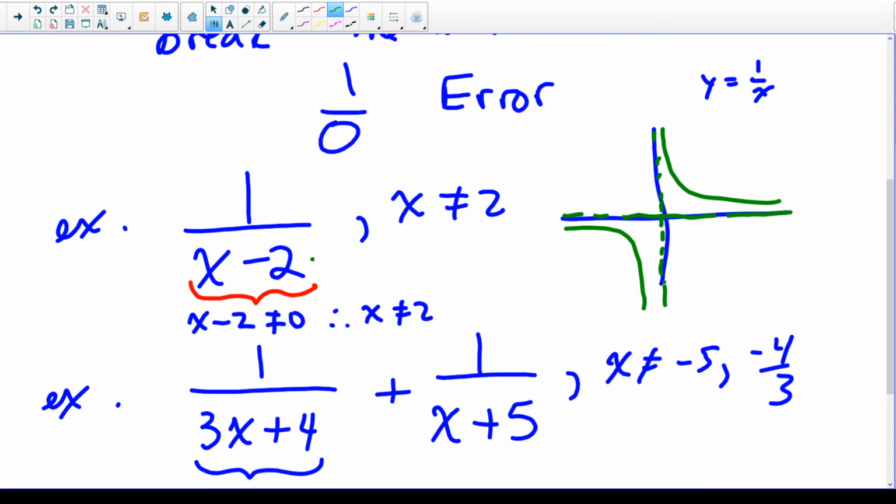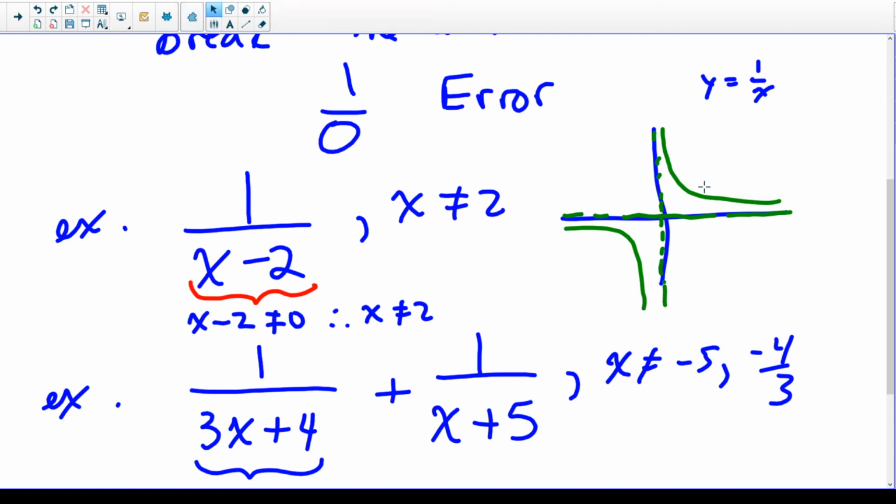Chat, which way did the 1/x graph move? When you have an x minus 2, where the -2 is right next to the x, it does the opposite, and chat is correct. This is moving right by 2.